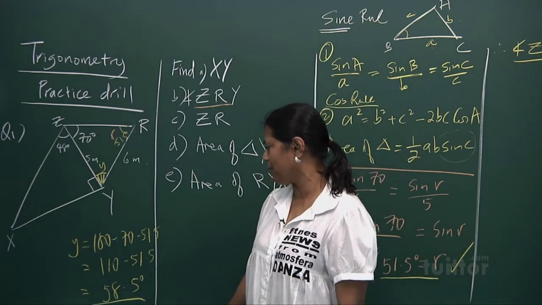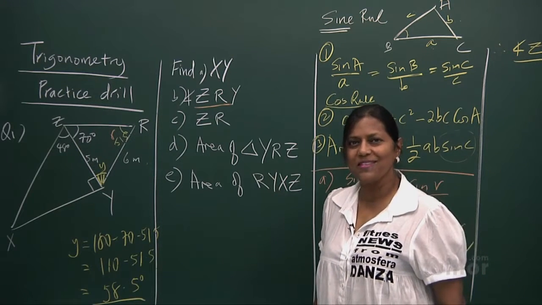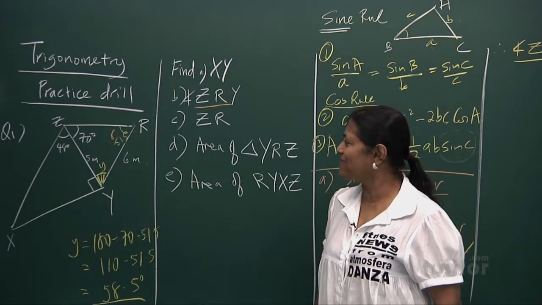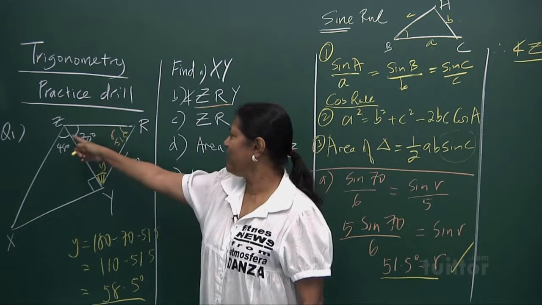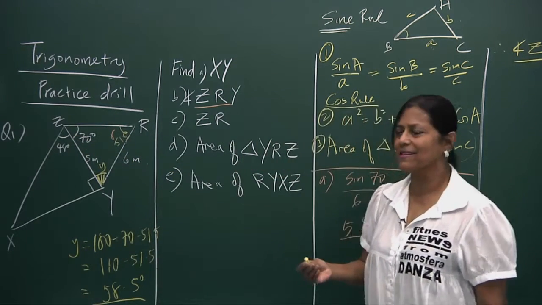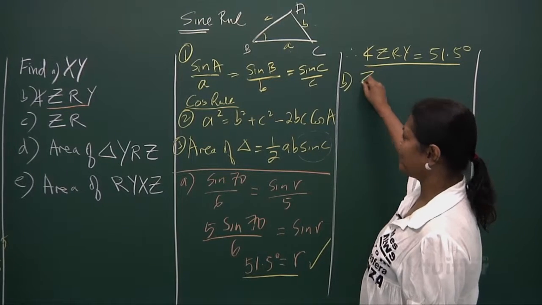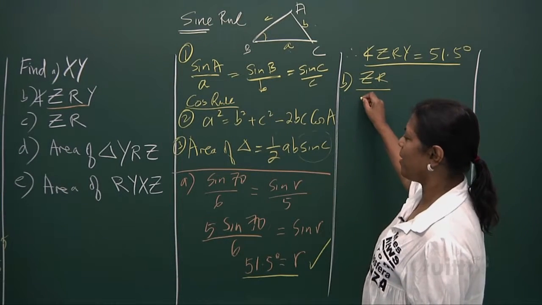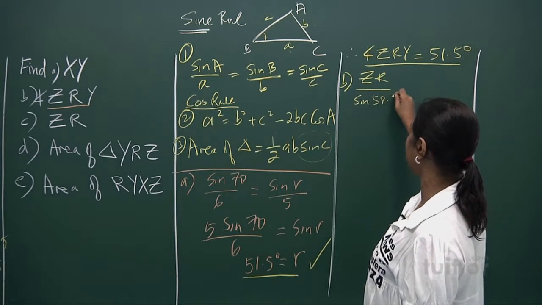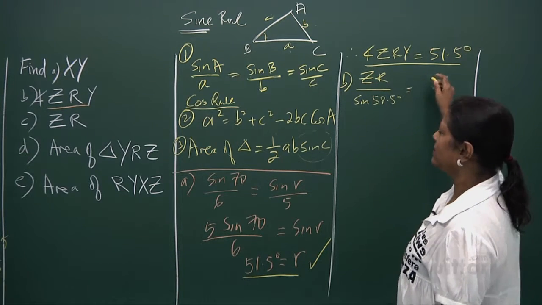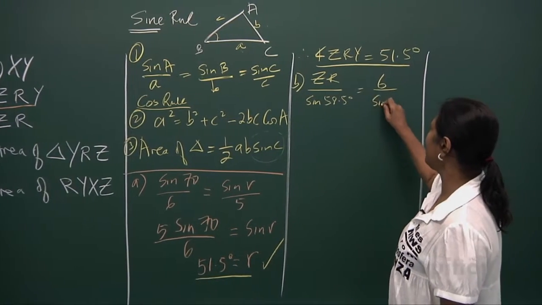Great. Or you can just counter check this, you add them up: 58.5 plus 51.5 is 110. Now, once you've got y, we use the sine rule. ZR over sine y equals 6 over sine 70.